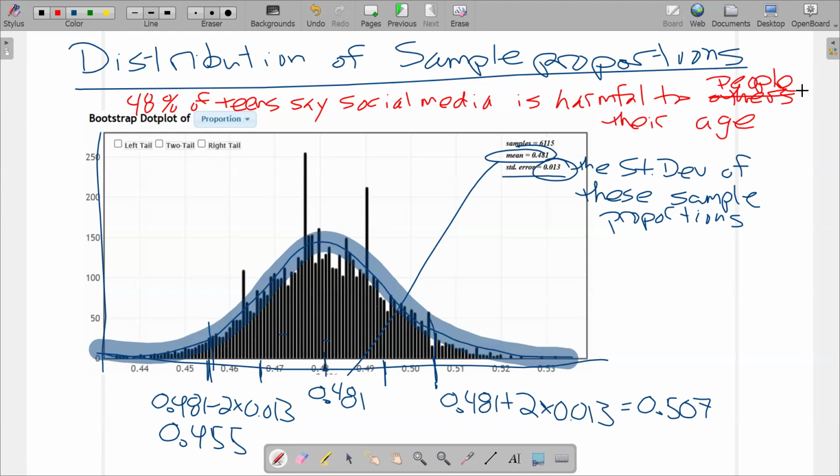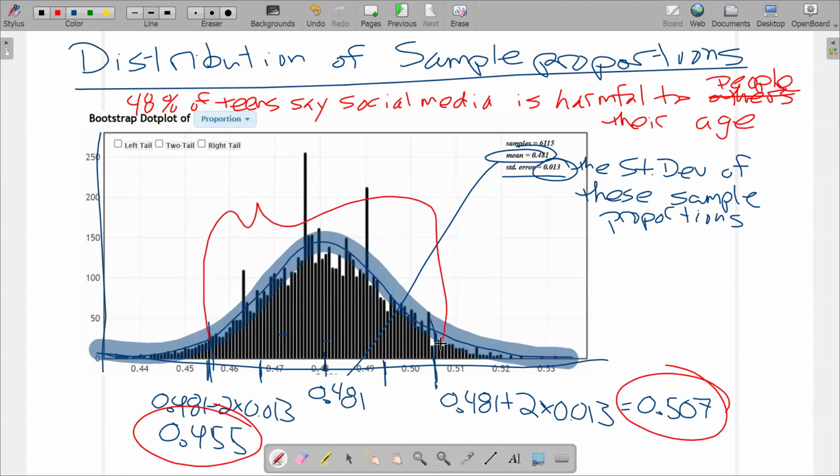Every sample is a little bit different. So what I can say is, well, the actual population one for all teens in the US is probably close to that, but not exactly that. Making a sampling distribution gives me a window of what to expect due to natural variation in samples. And our 2 standard deviation rule says that 95% of other samples will have proportions in this range.